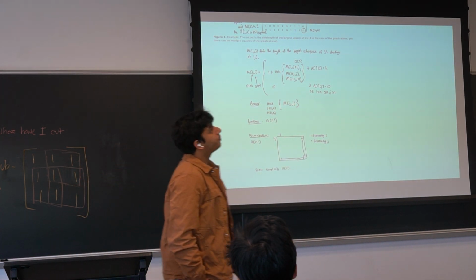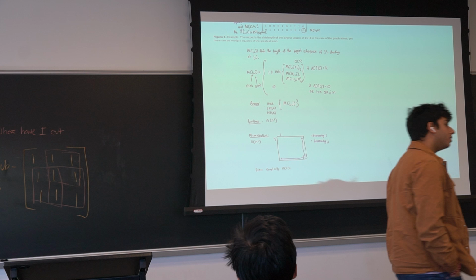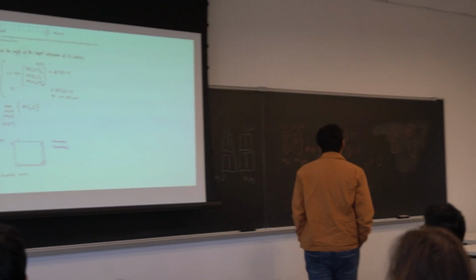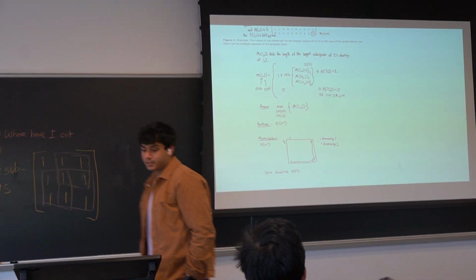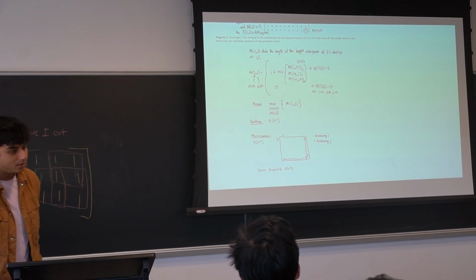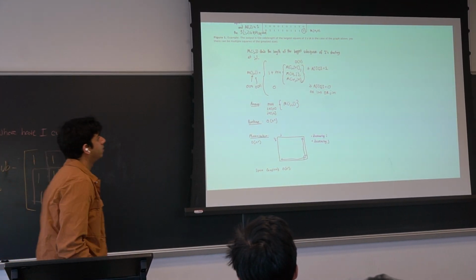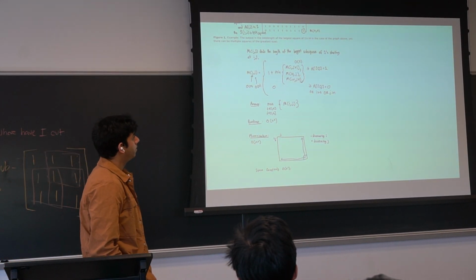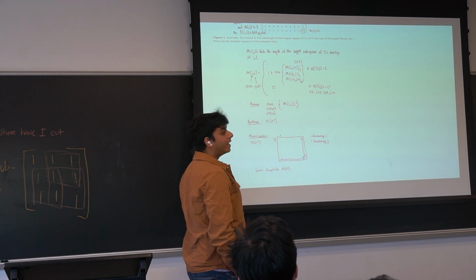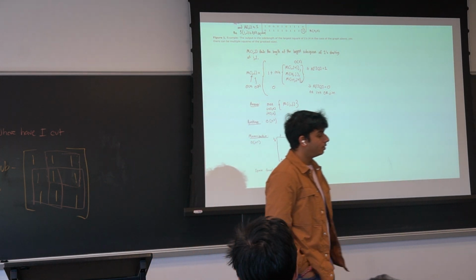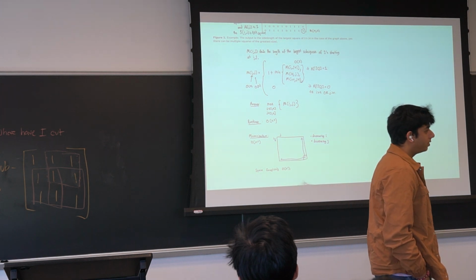Let's say now I want to reduce the amount of space that I have. Do I really need order n squared space to solve this problem? No. Why or why not? Yeah. You only need the previous row and column that you're looking at. Yes, exactly.